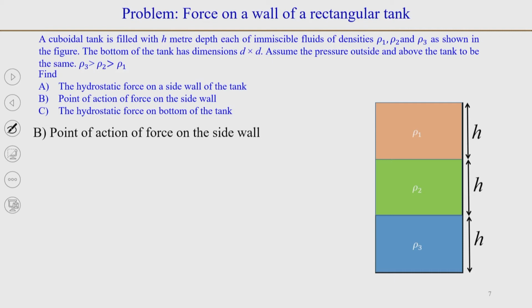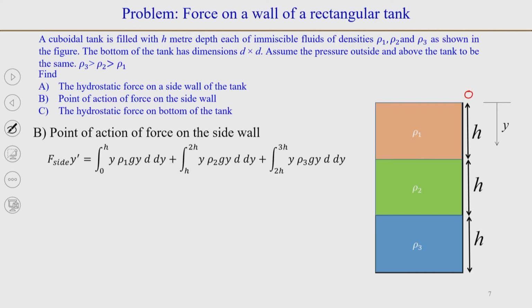We can obtain the point of action of this force on the side wall by taking the moment about this point O, and we can assume that the general depth is y from the top of this column.